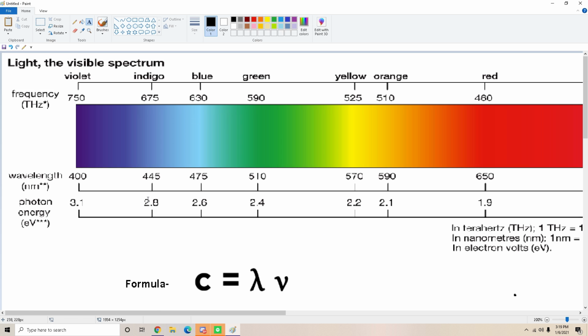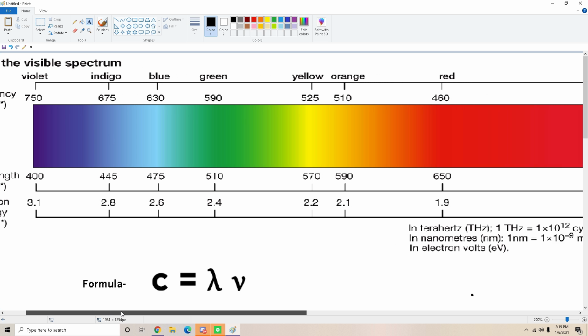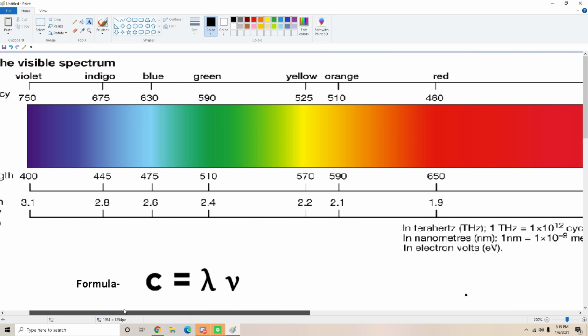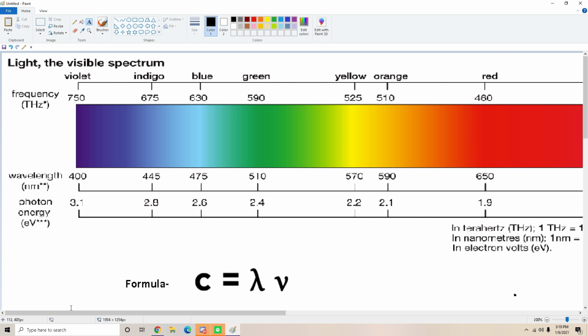And wavelength is more into it. Like we talked about ROYGBIV in the last video, these colors really mean a lot. From a far range, you can see red. The reason red has such a low hertz and a high wavelength is because you can see red from far away.